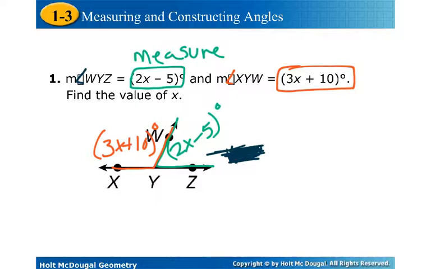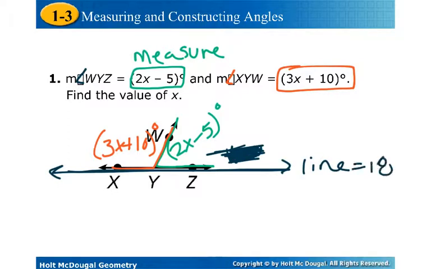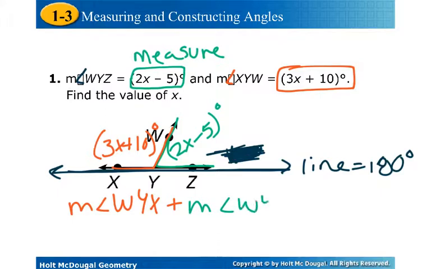So instead we have to look to the fact that this down here is a line. And so because this is a line, it has 180 degrees. And so algebraically, we can take the measure of angle WYX, add it to the measure of angle WYZ, and that's going to equal the line, which is angle XYZ.